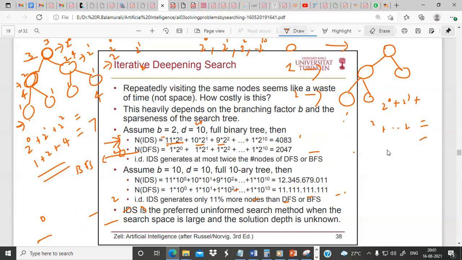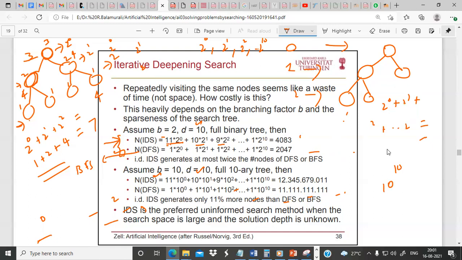So this is the same thing with branching factor 10 and depth 10. Branching factor 10 means that at each level you have 10 children. So at the last level, there will be 10 to the power 10 nodes, which will be explored only once.